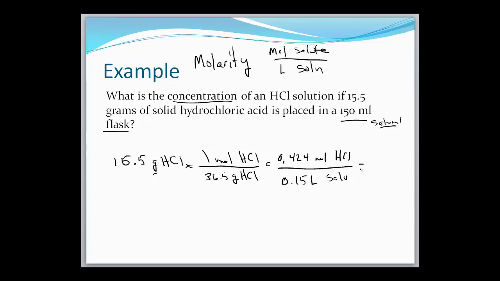We'll actually deal with that a little bit later, but for right now, we assume it doesn't affect the volume. So do the math. If you finish that off, you get 2.83 molar, or 2.83 moles per liter HCl solution.